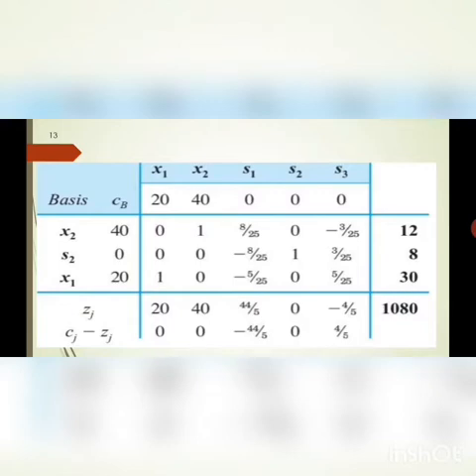This implies that at least one more simplex iteration is required. The new optimal solution will require the production of 16 2/3 units of Dash Pro and 20 units of Portable.